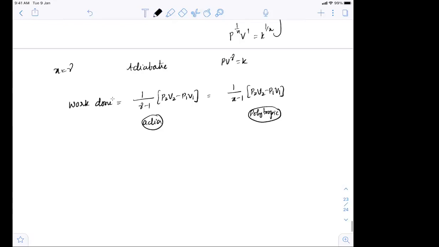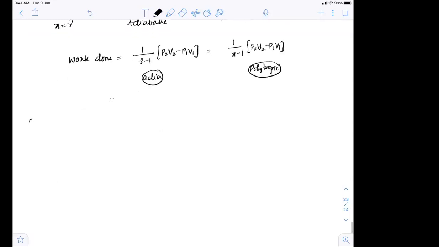Now see how it can be asked. What kind of questions have been asked in JEE? An ideal monoatomic gas follows a process in which Cm is equal to 3R.